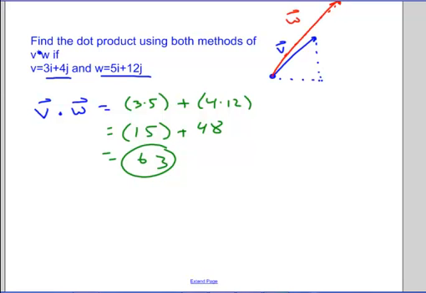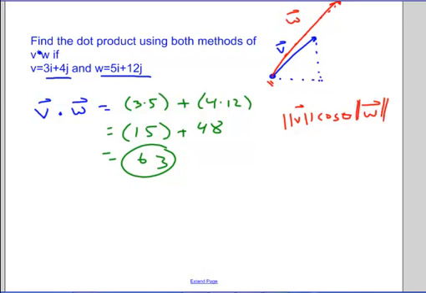If we say v dot w, what that's saying is it's multiplying the magnitude of v cos theta, so in the direction of w, times the magnitude of w.